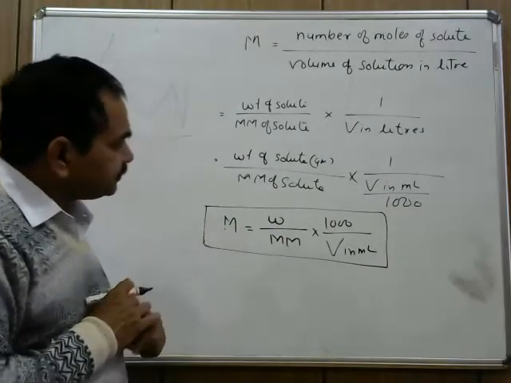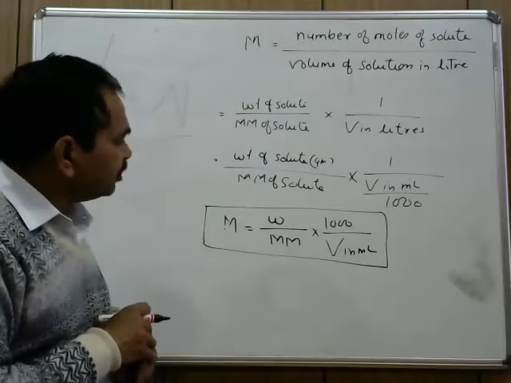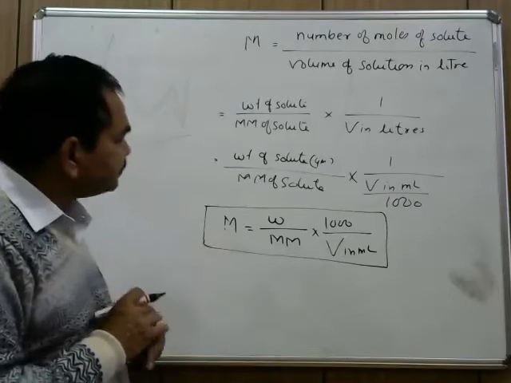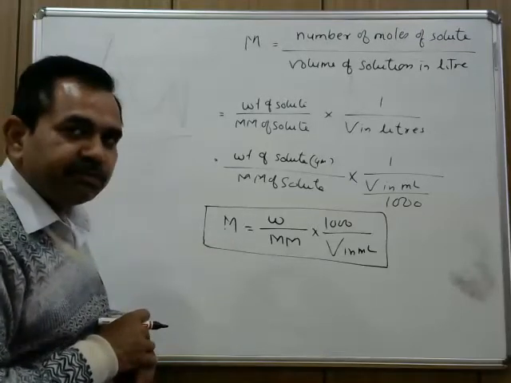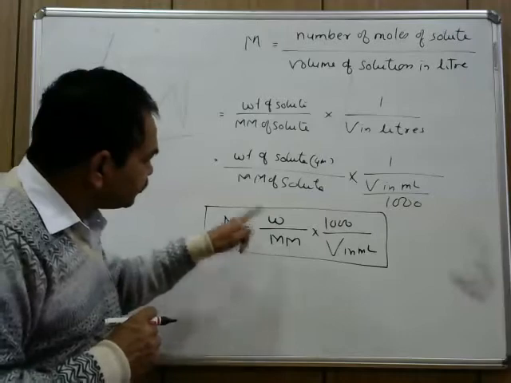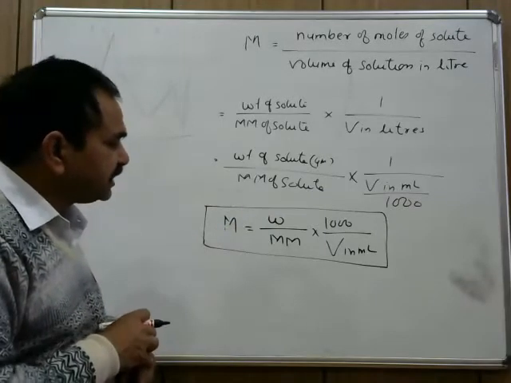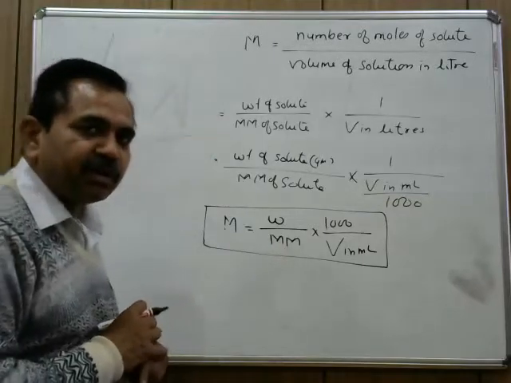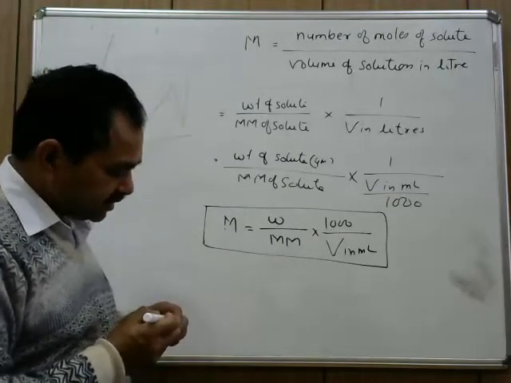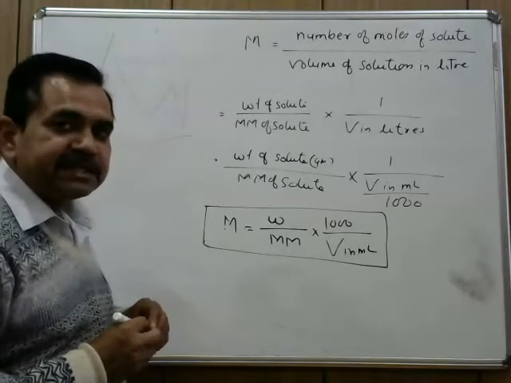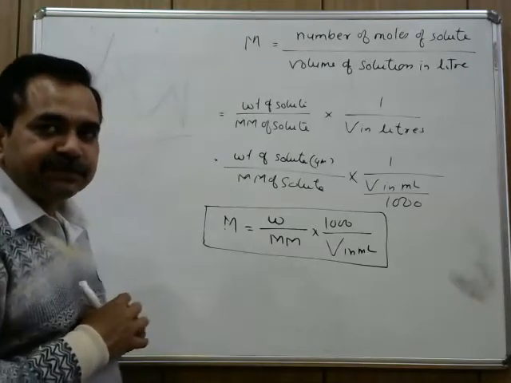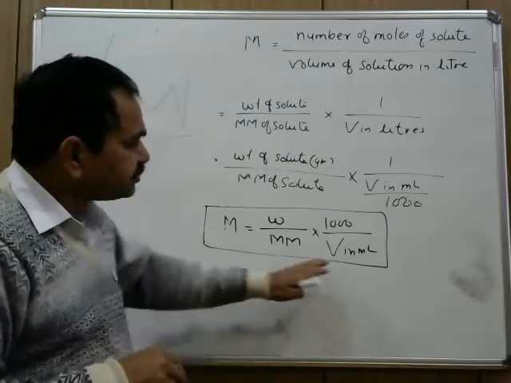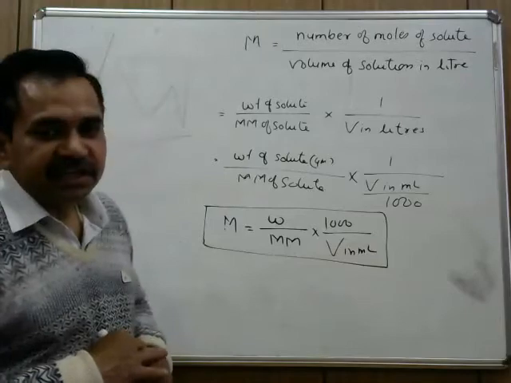So this is the formula for calculating molarity of a solution, where capital M represents molarity in moles per liter, small w represents weight of solute in grams, MM represents molar mass or molecular mass of solute, and capital V represents volume of solution in milliliters.